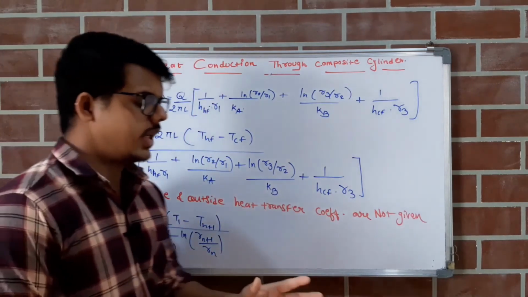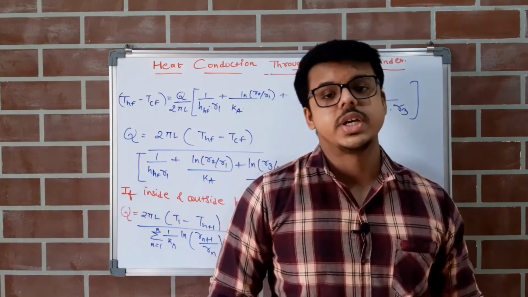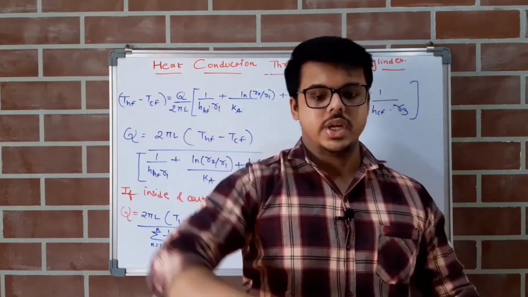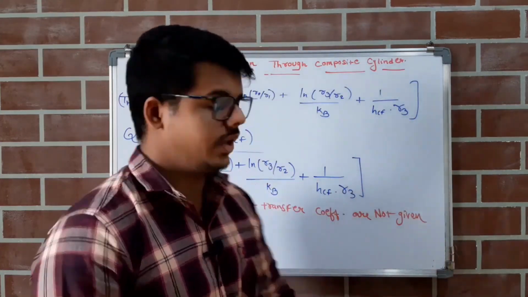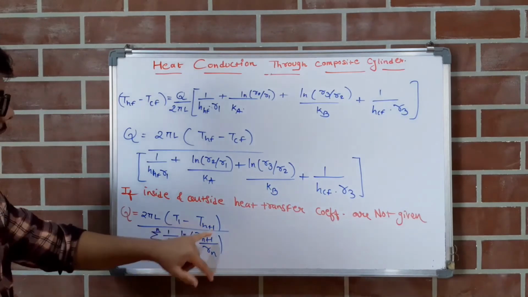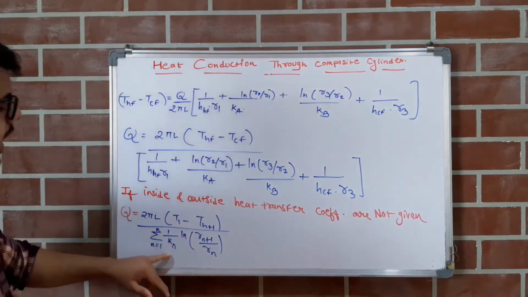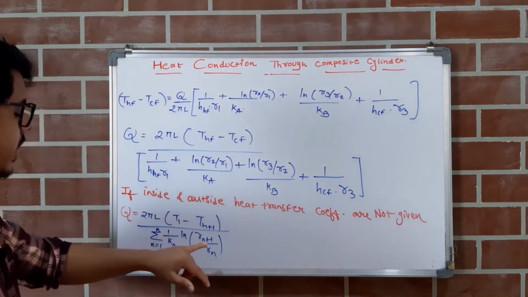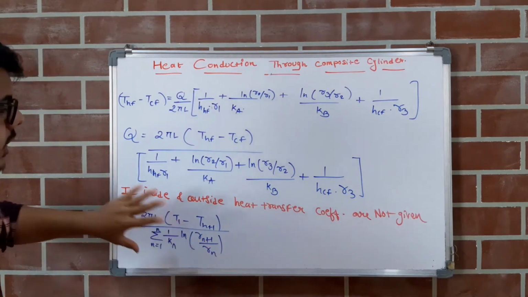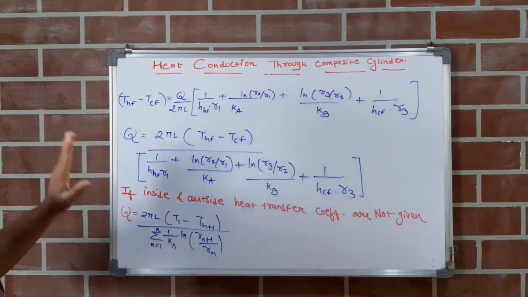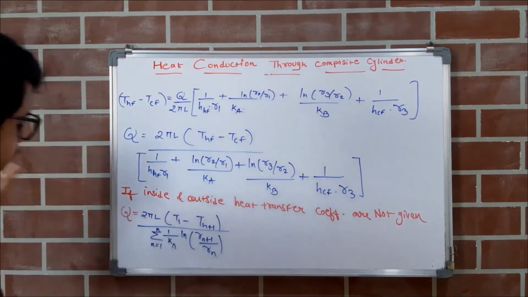So we have to consider the innermost temperature and the outermost temperature. The intermediate temperatures are not considered. So T1 minus Tn plus 1 upon sigma n takes value 1 to n, 1 upon Kn into ln of Rn plus 1 upon Rn. So we will use this formula when the inside and outside heat transfer coefficients are not given.